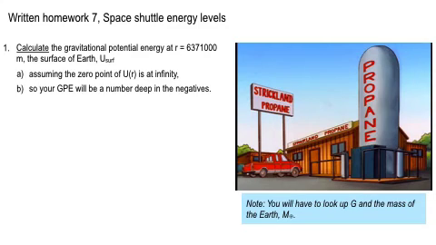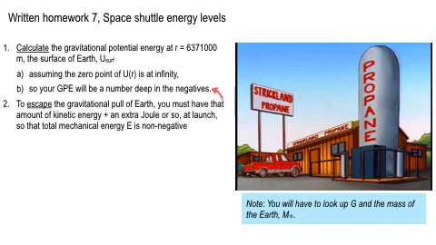All right? Now, what we're going to try to figure out is escape velocity and the escape kinetic energy. To escape the gravitational pull of Earth, you have to have that much kinetic energy. So whatever you calculate for GPE, you have to have at least that much or more kinetic energy, maybe an extra joule or so at launch, so that the total mechanical energy is non-negative.